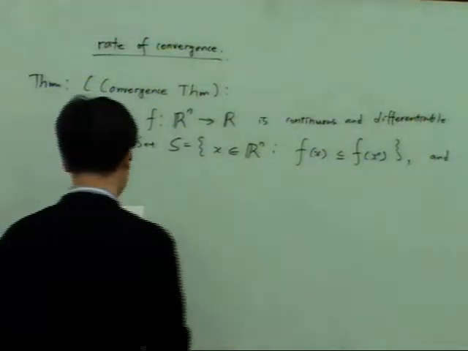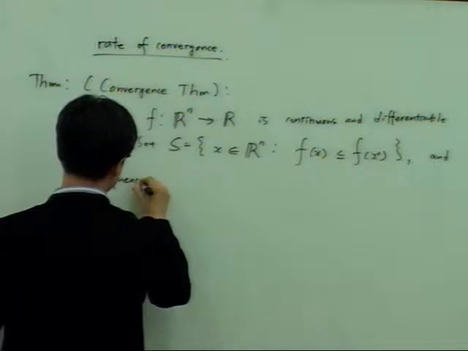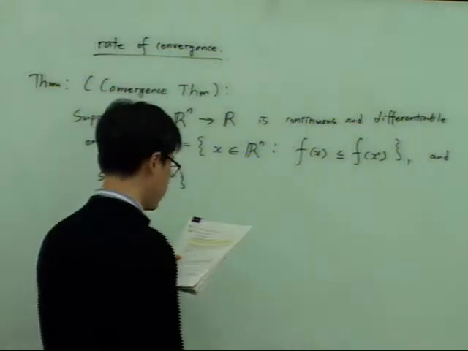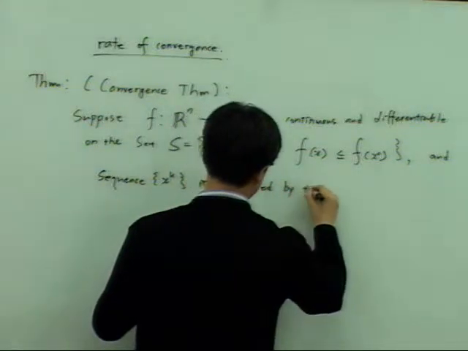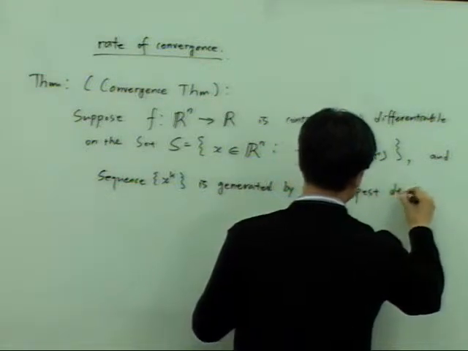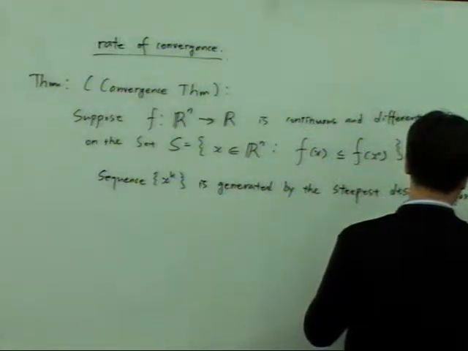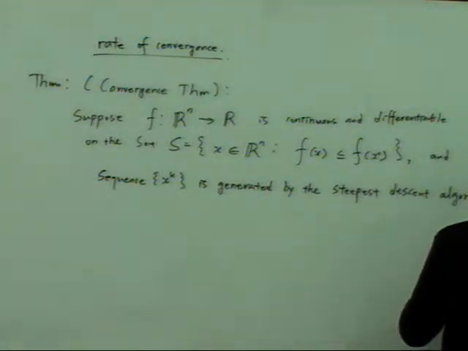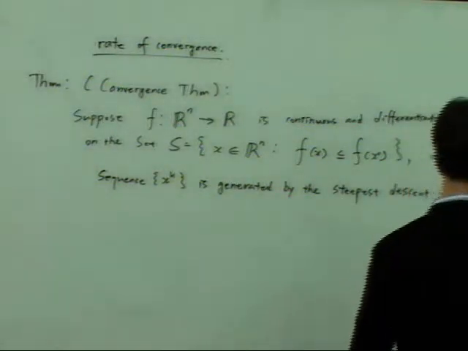That's our assumption. Suppose further that there is a sequence x_k generated by the steepest descent algorithm with step length alpha_k chosen by a line search.